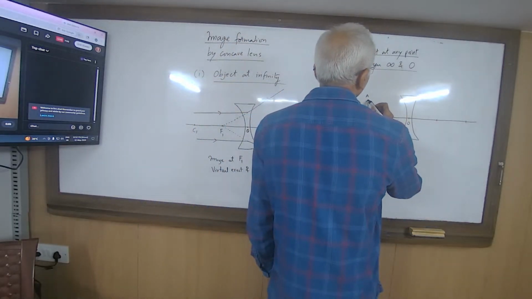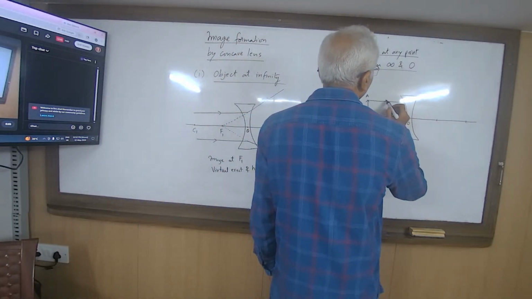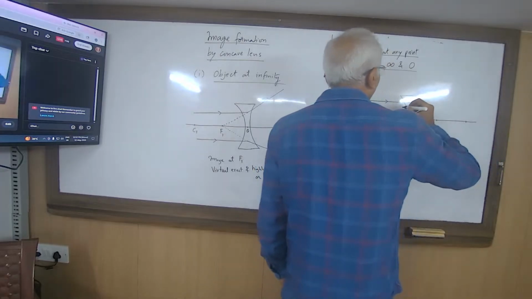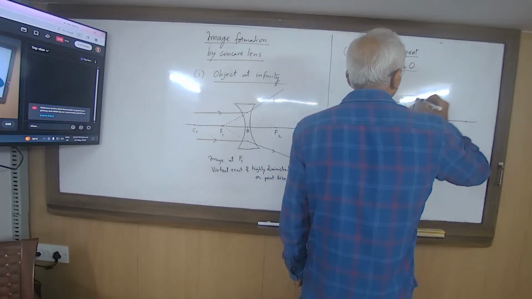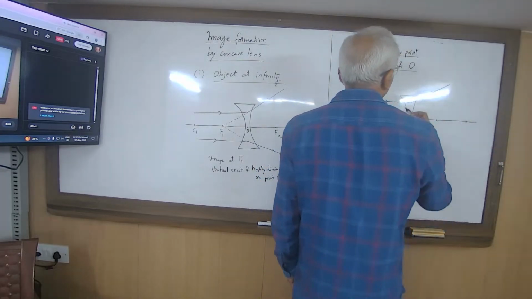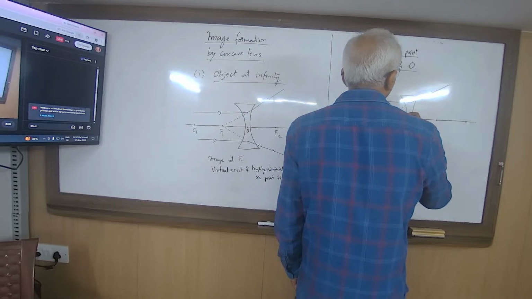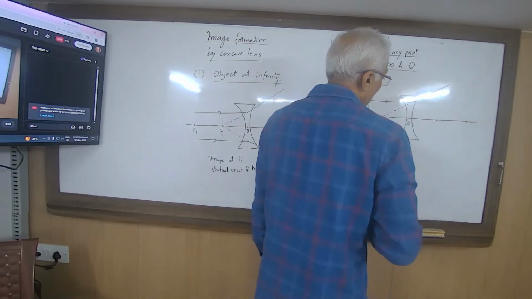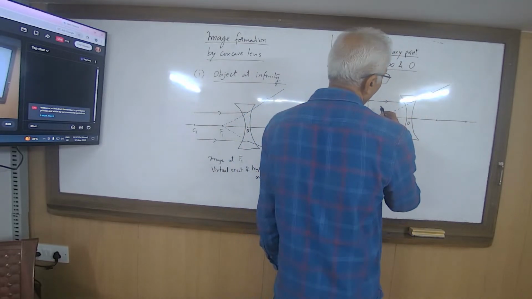So obviously now we'll take one ray parallel, which goes away from focus. The other ray we will take through O.